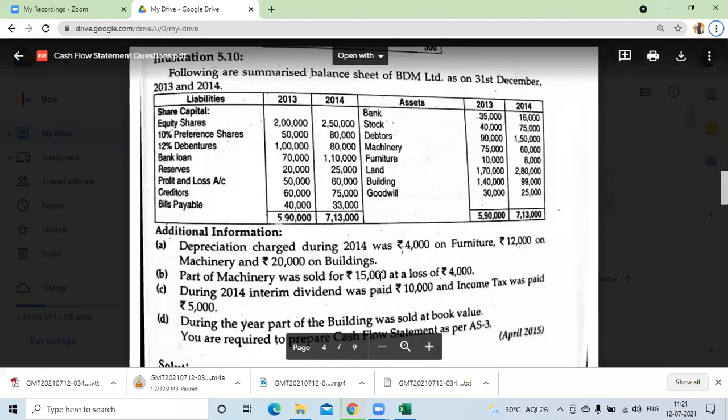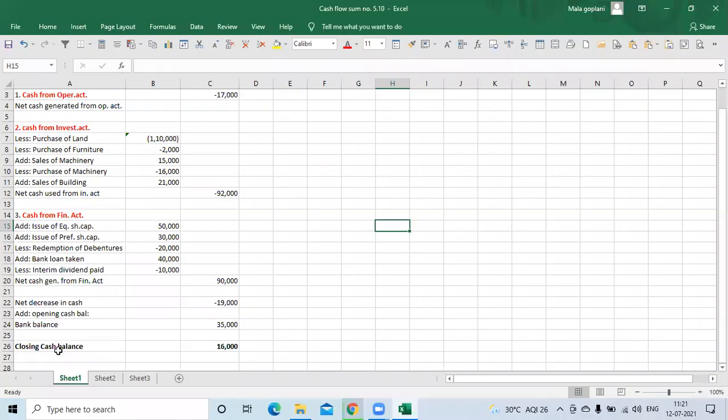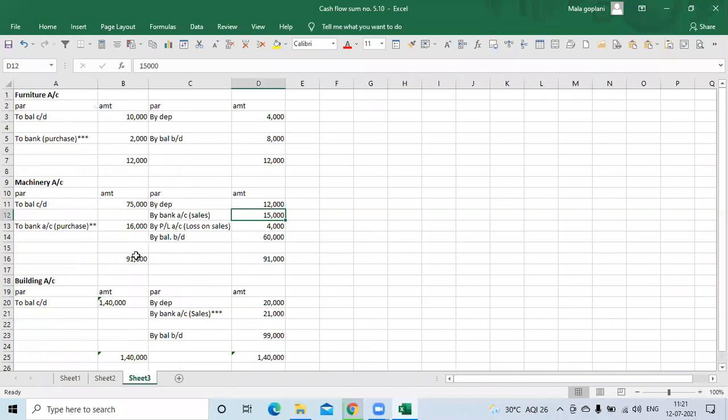Now we have loss on sale of machinery. Operating, non-cash and non-trade. Very good. By the way, is this a non-operating profit or non-operating loss?